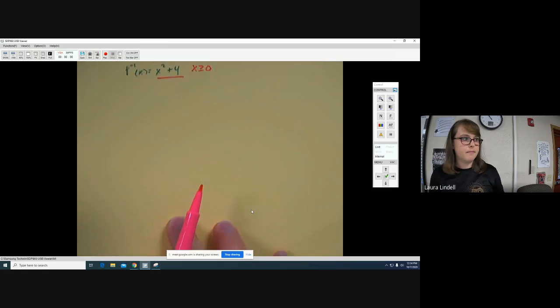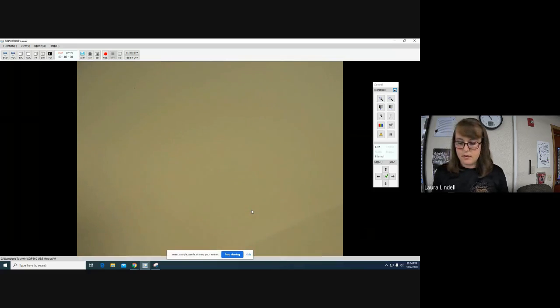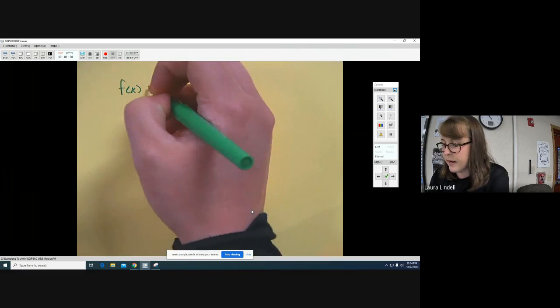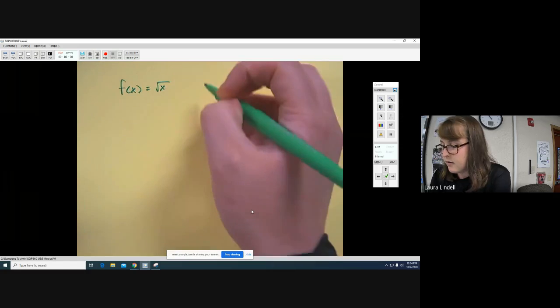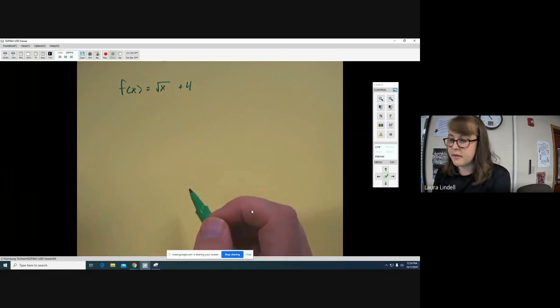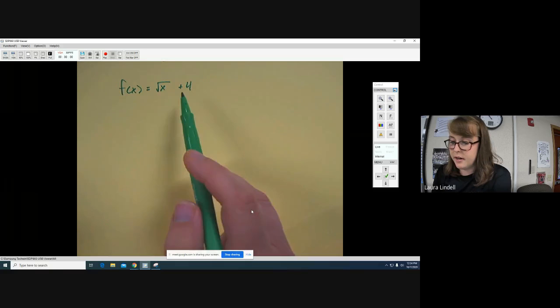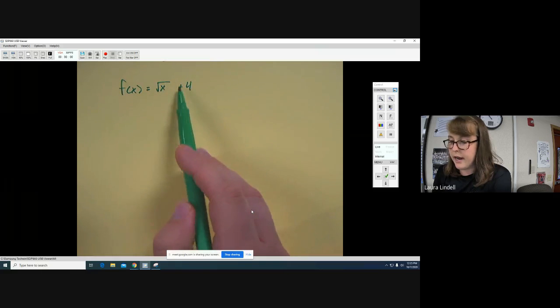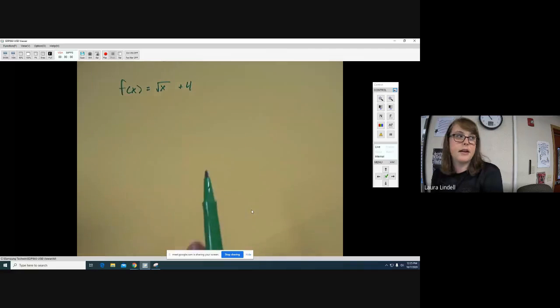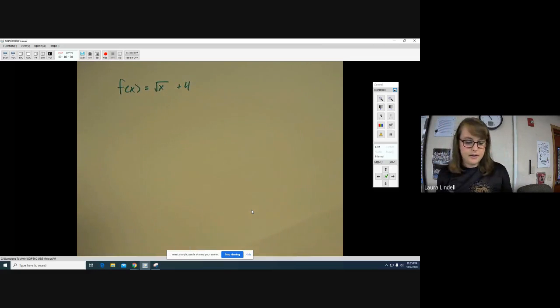Another one that looks a little bit different would be something like this, with the 4 on the outside. So instead of the whatever it's adding or subtracting being on the inside with the square root, it's now on the outside, and that does change things when we talk domain.